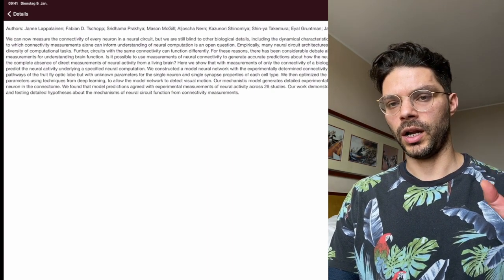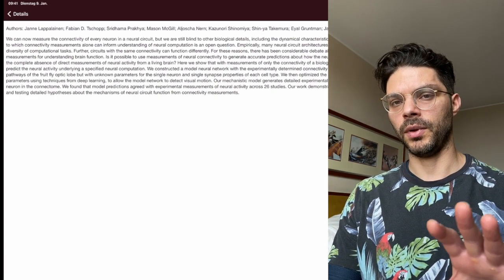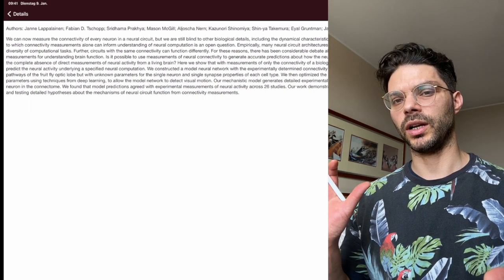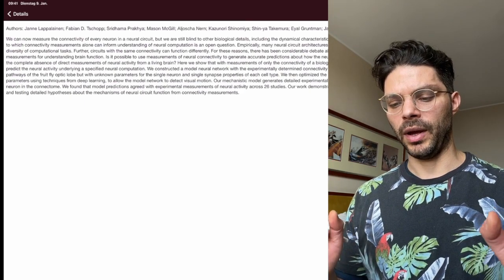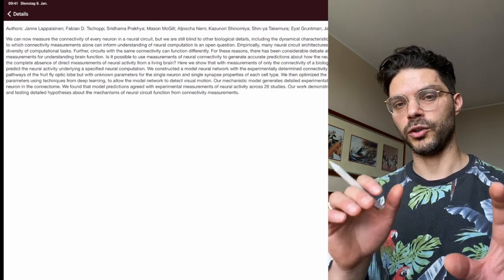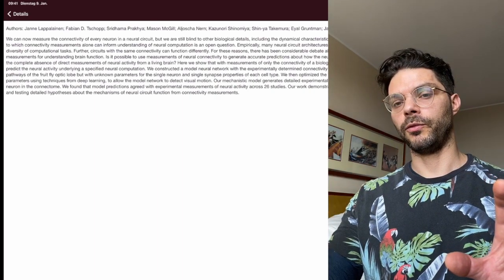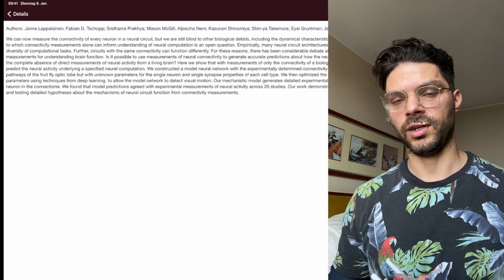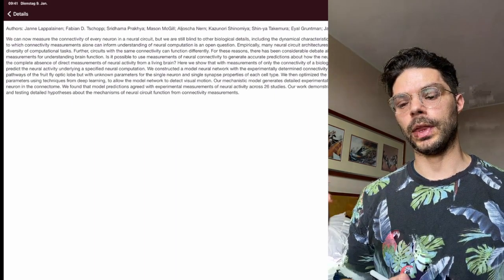Okay, so I think this is something that Srini presented last year at Cosyne as well, so I guess they've gone a little bit farther. The point is, you have the connectivity information, and you also know what the circuit does. The missing piece is the functional properties of each neuron. So you're going to optimize those to have the circuit perform the function that you think it performs, and then you're going to compare.